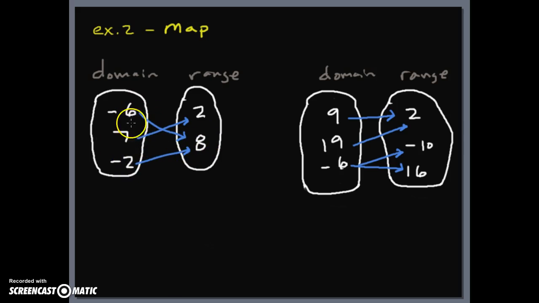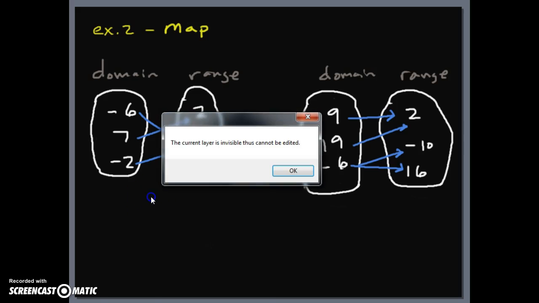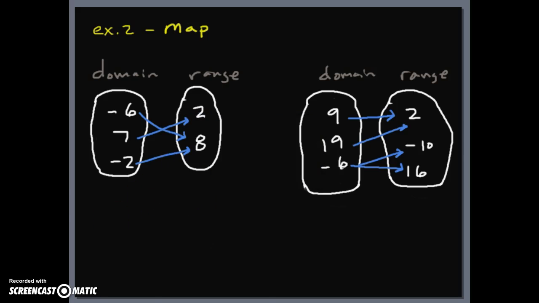Now, it's okay if an input is paired to the same output as another input, as long as that input is paired to only one output. And you see that for each of these inputs, there's only one arrow. So that's a strong indication that this is a function, and it in fact is a function.